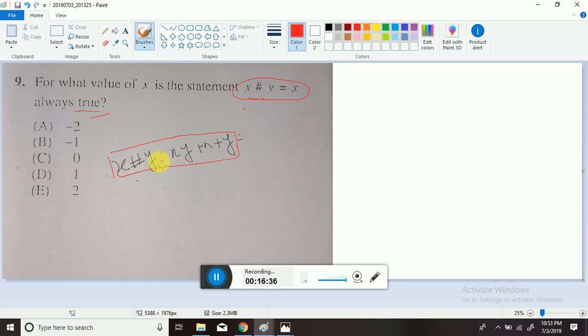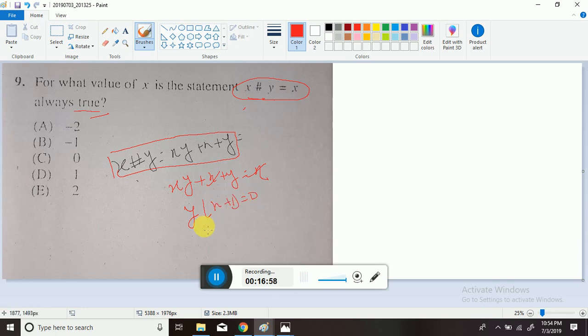This is the definition that was provided before question number 7. So xy plus x plus y should be equal to x. So this x and x cancel. What happened here? y is common. So x plus 1 equals 0.